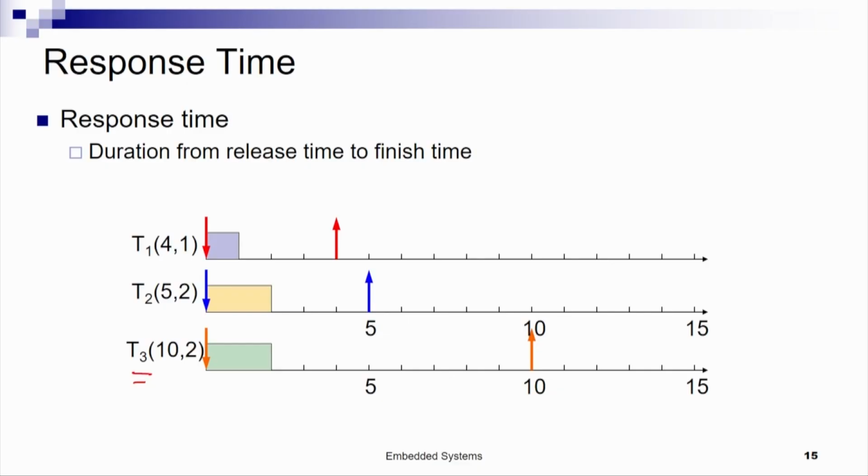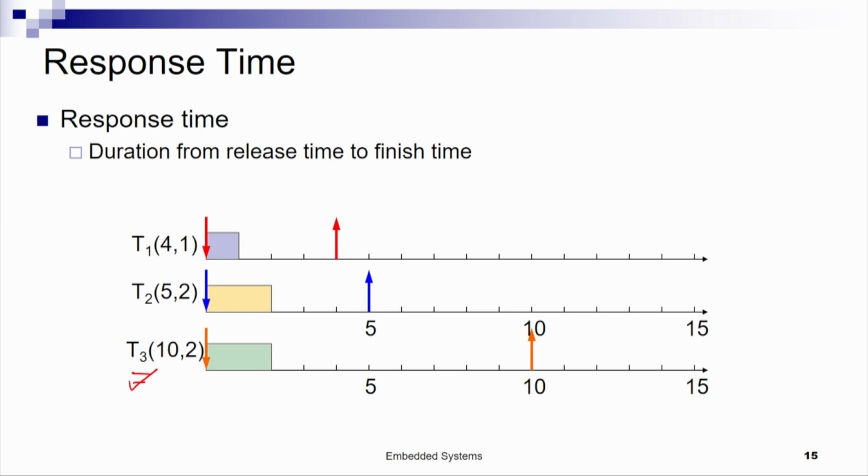So, what do we mean by the response time of a task? The response time of a task is the duration between its release time and its finish time. For example, for the task T3 here, the response time of the first job of T3 can be seen as follows.